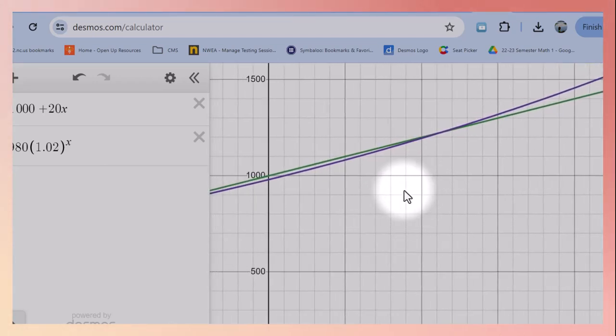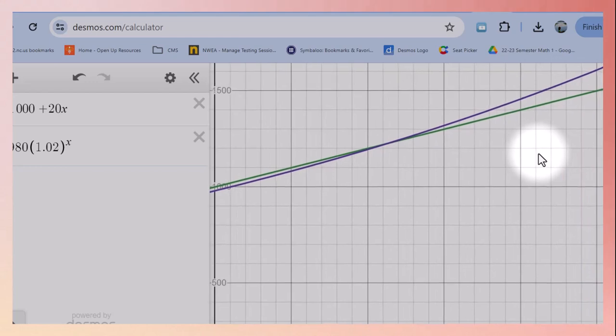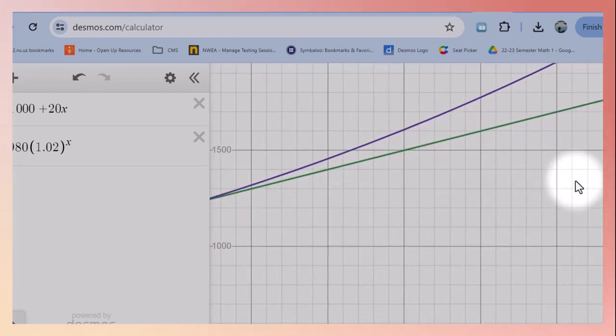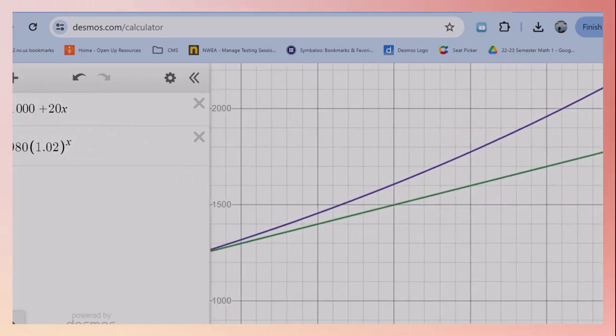Let me zoom in a little bit. This linear equation is going to start off quicker because 980 is down here, but they soon meet, and this exponent, they meet right here, at 11.354, and then it's going to continue to increase exponentially. So I can slide this up, or I can click on a point. And it's going to continue to overtake that first equation after several years.